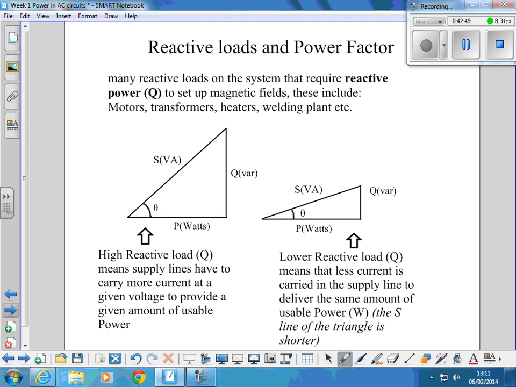So a lower reactive load means less current is carried in the supply line to deliver the same amount of usable power in watts. The S line of the triangle is shorter. Alright?